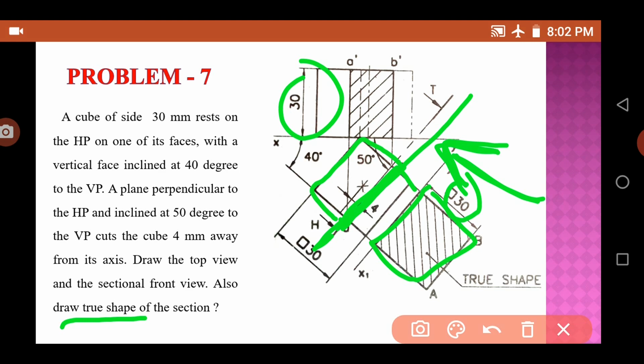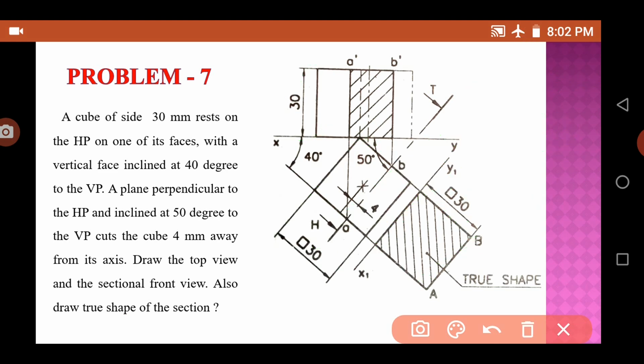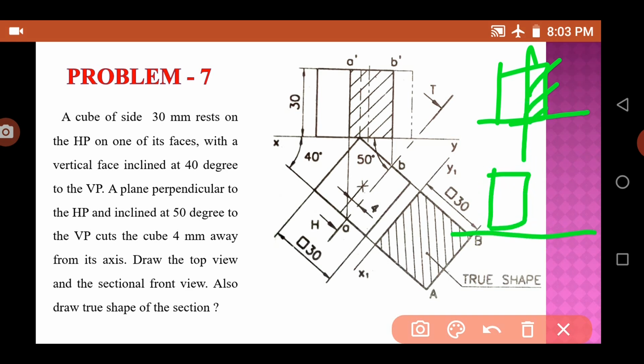So when you look from here, that much of the solid is cut. I'll draw it for you. When you have a solid like this and this part is removed, you will get this much part. And when you look here, you can see that this part is this one actually.